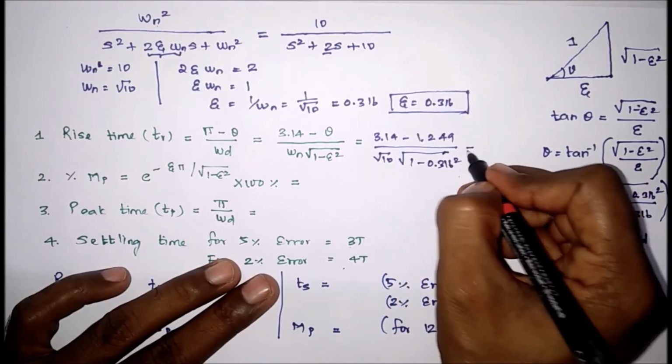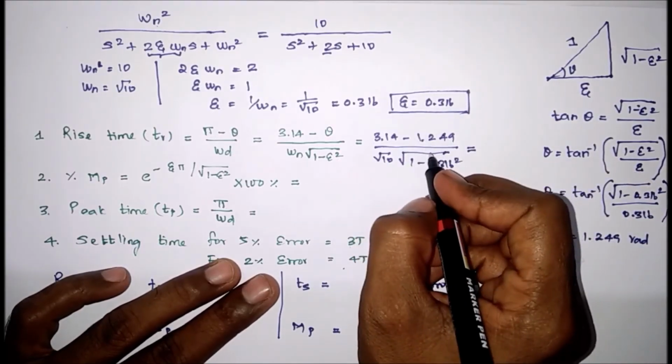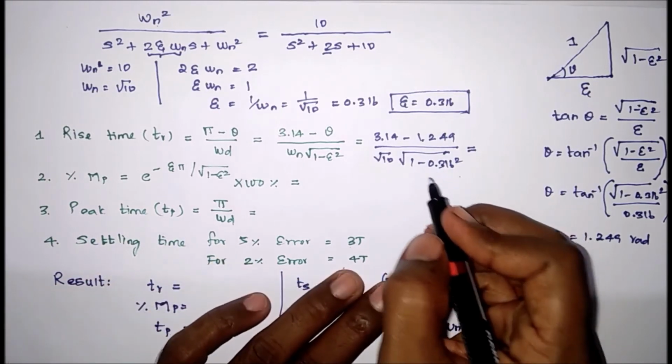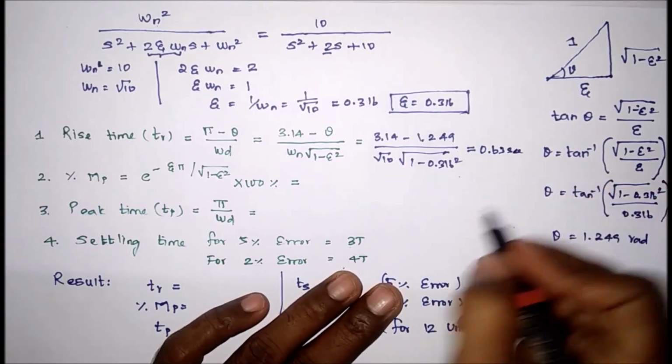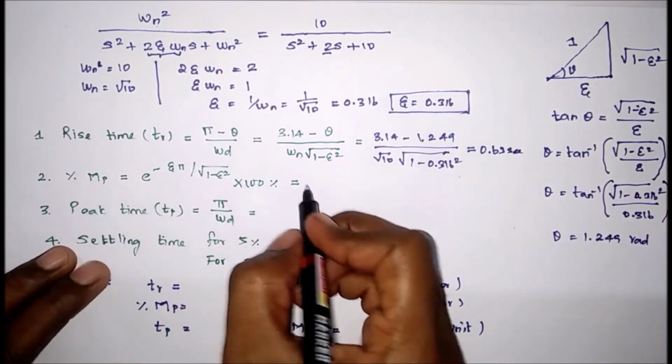Substituting this value into the calculator, we get rise time equal to 0.63 second.